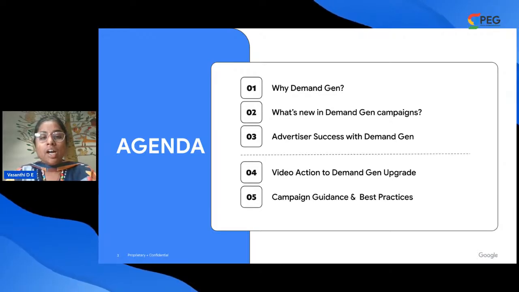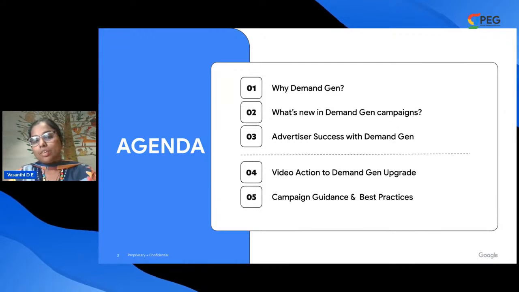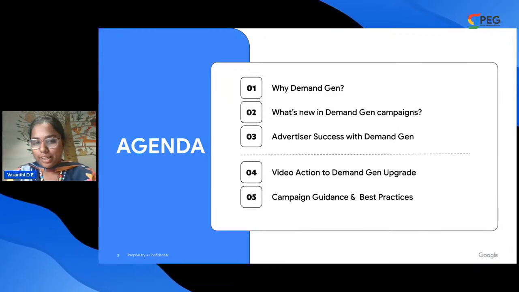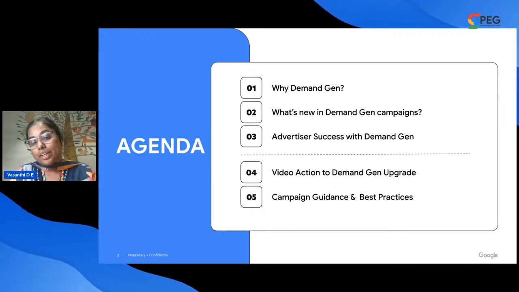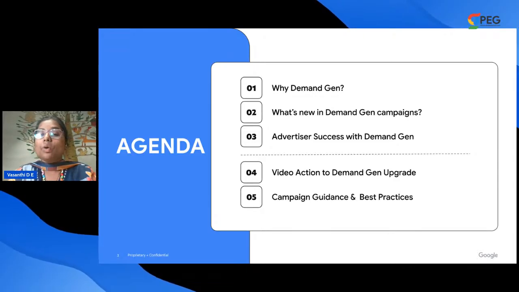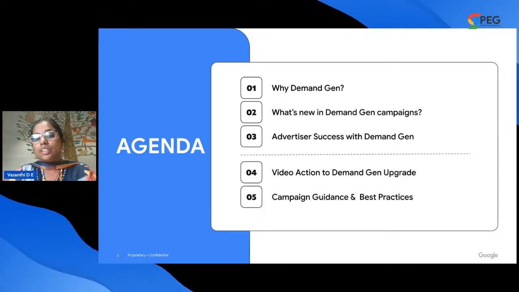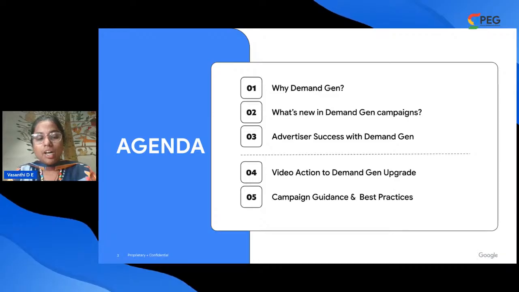After that, in the second half of the session, we will explain the Video Action to Demand Gen upgrade. If you have used Video Action campaigns, this part is definitely for you, as we will show you how they are changing over to Demand Gen and the extra benefits that you will get after this upgrade.